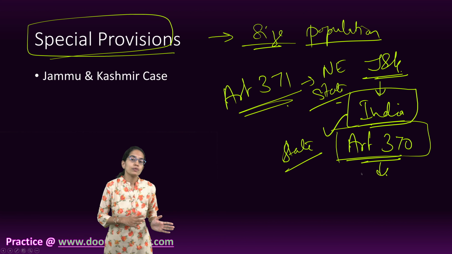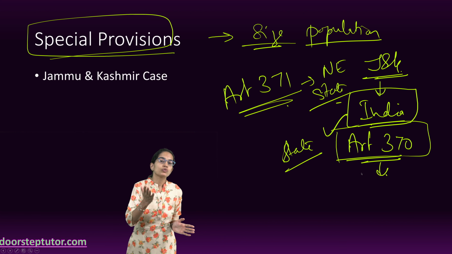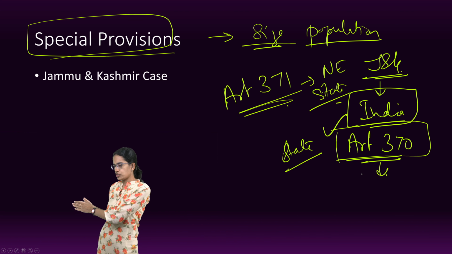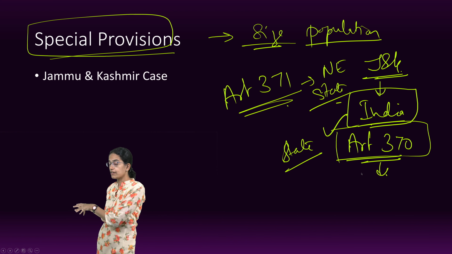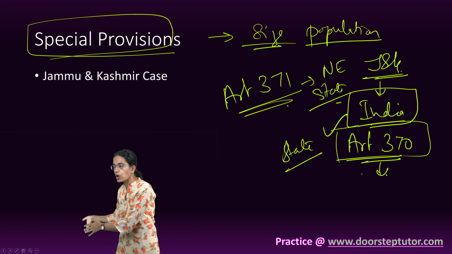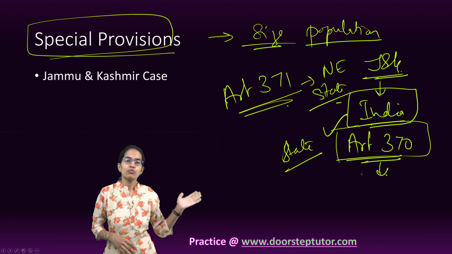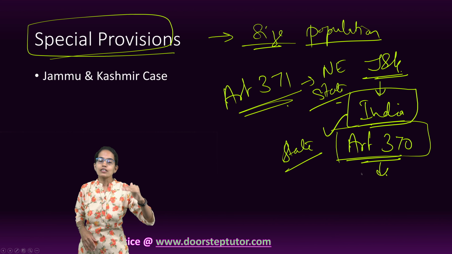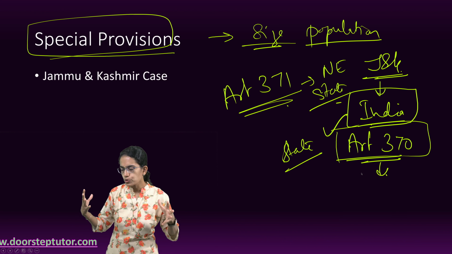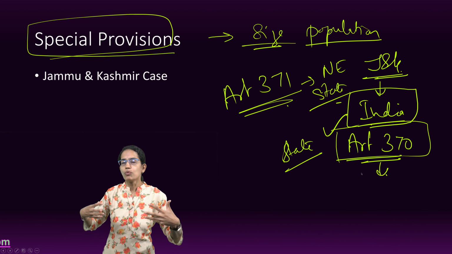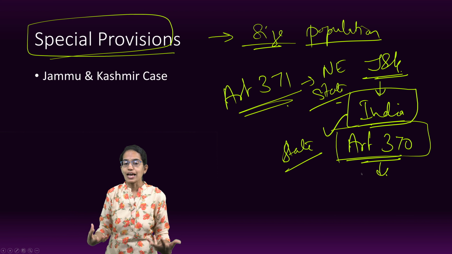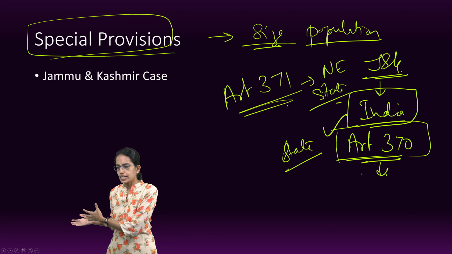DPSPs, the Directive Principles of State Policy, do not apply to the region of Jammu Kashmir, and any amendments to the Indian Constitution can apply only with the concurrence of the government of Jammu Kashmir. So anything which has to be brought from the center must be approved by the state there and then. That was the basic idea, and the major reason to do this was to give the region more autonomy, because Jammu Kashmir was the region that willingly merged with India during that time.